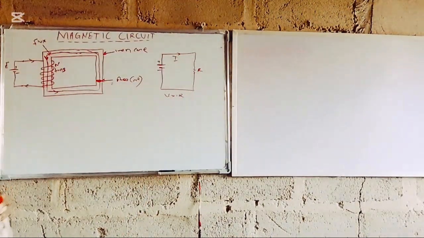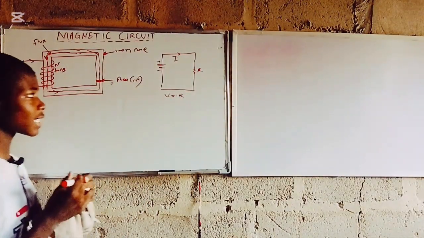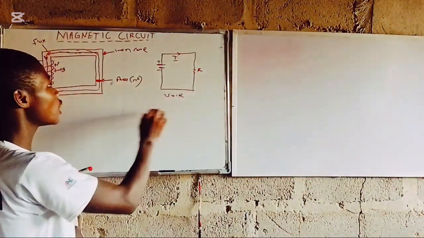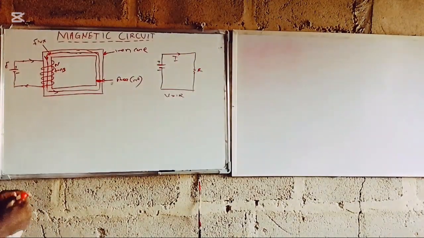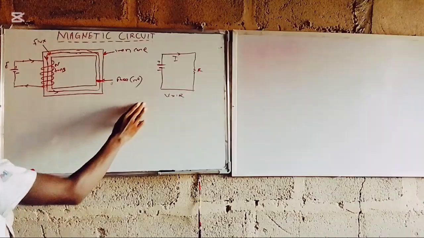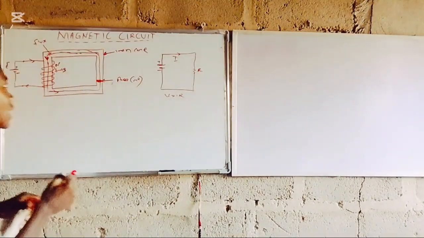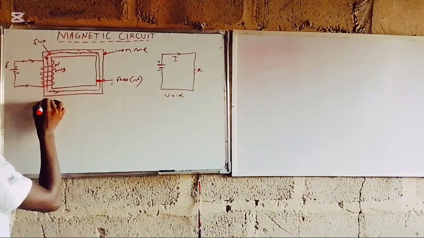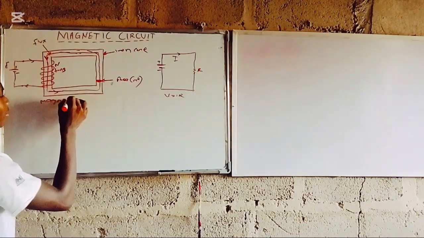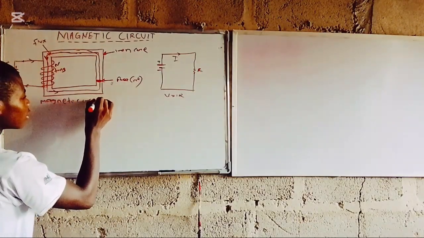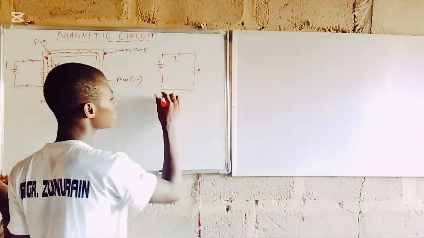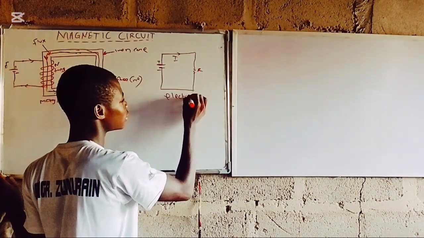So this is an electric circuit, but this is a magnetic circuit. The correlation between these two: this is a simple magnetic circuit, and this is a simple electric circuit.